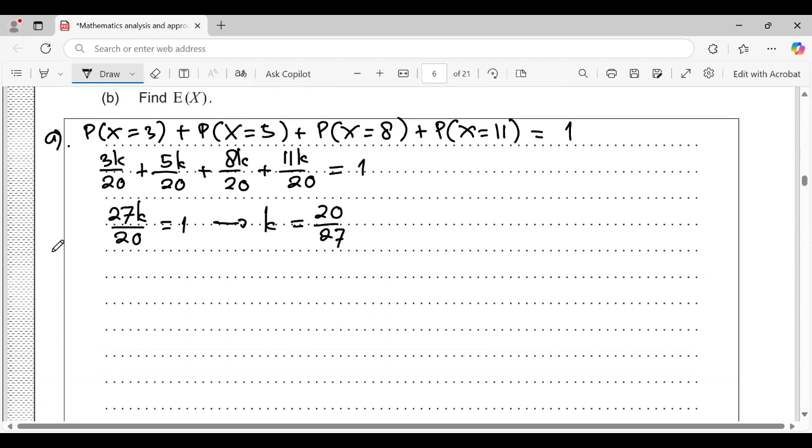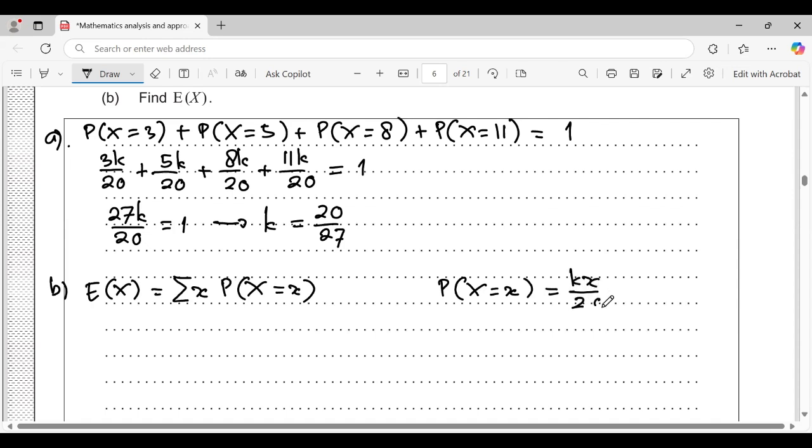Next, we're going to find the expectation of x. We use the formula for the expected value of a discrete random variable, and the formula is like this. Expectation of x equals sigma of x multiplied by probability x equals x. The probability distribution is kx over 20.